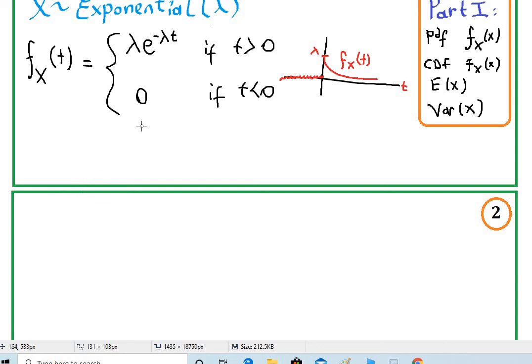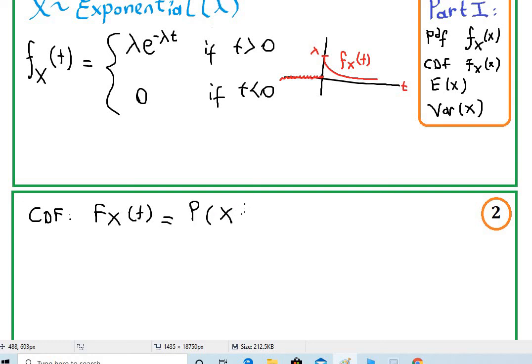The cumulative distribution function, capital F_X of t, by definition is the probability that capital X takes the value less than or equal to t. That means we are going to integrate the probability density function from negative infinity up to t.